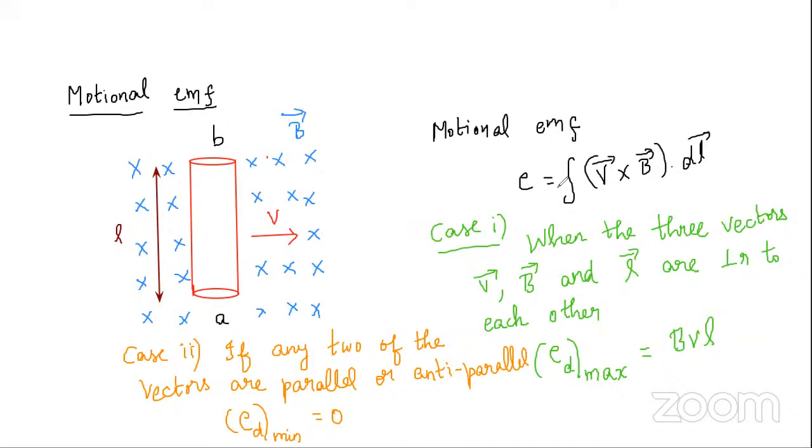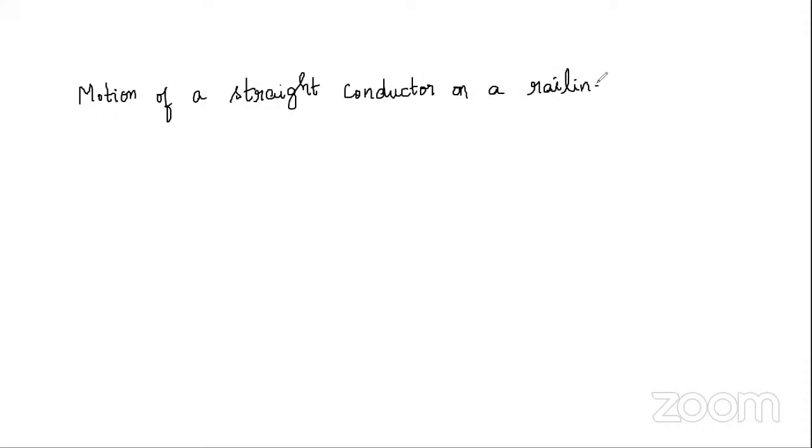Now we will be discussing a special case of this concept of motional EMF. And what is that case? That is the motion of a straight conductor on a railing in a uniform magnetic field.